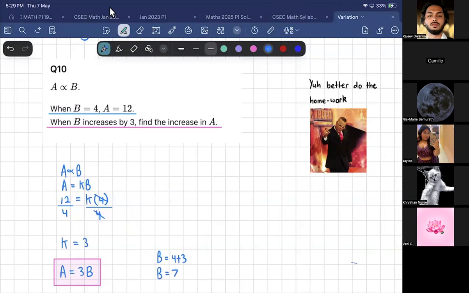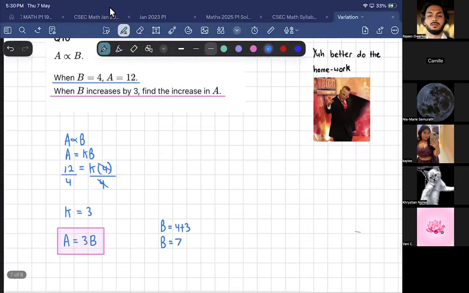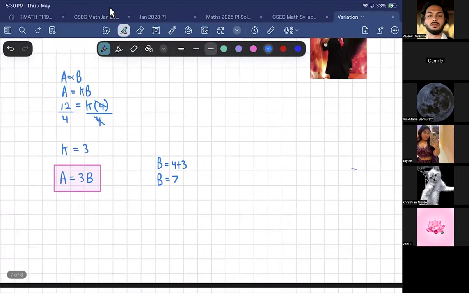And they are asking us to find the increase in A. So before we could even do that, we need to know what A would be when B is 7. All right. And so how would I find what A is when B is 7? What was the relationship we came up with? A equals 3B.